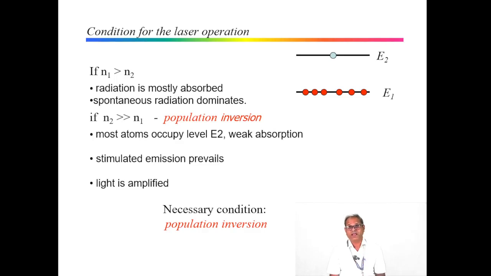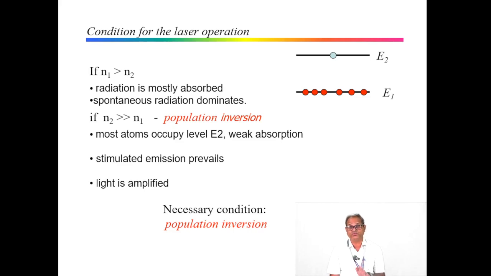You can see in the diagram itself, E1 has a sufficiently large number of atoms, and in E2 only one atom is shown. That is, in the normal case, in the equilibrium condition, that is at room temperature, the number of atoms tries to reside at the ground state, at the lower energy state. So, N1 is greater than N2.